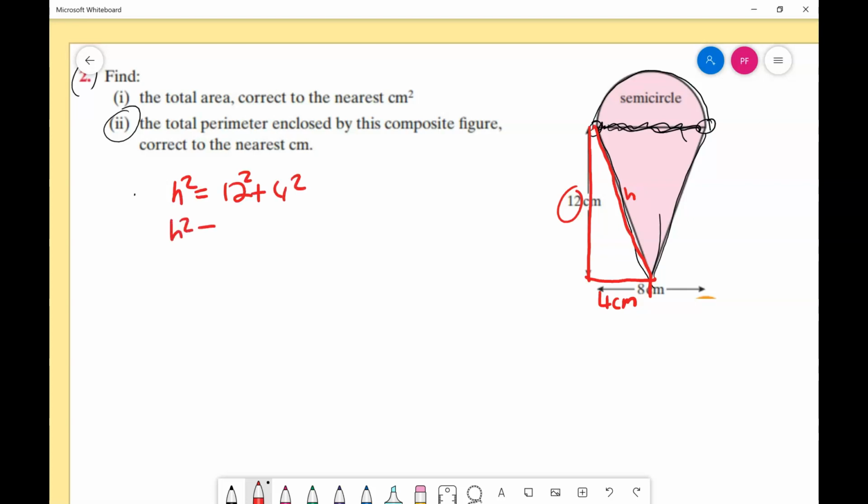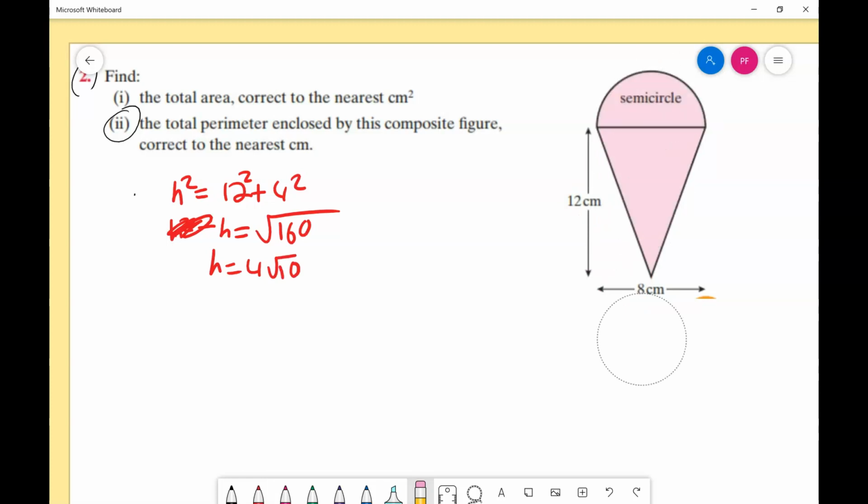So H is going to be the square root of 12 squared plus 4 squared, which is 160. Let's see if there's a nice square root. Apologies, 160 is 4 root 10. So H equals 4 root 10. I can see I have 4 root 10 here and 4 root 10 here.